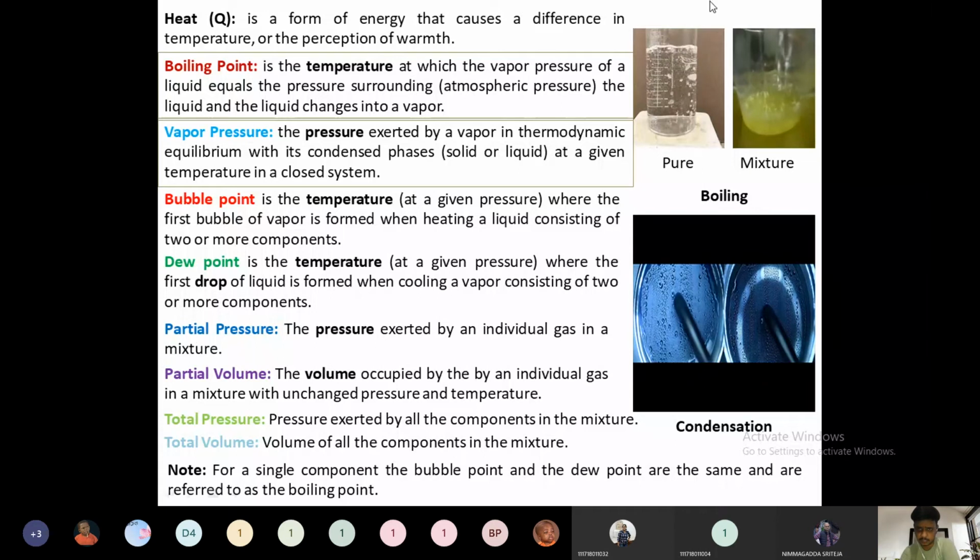For example, if you consider this as pure liquid or pure water, this is boiling, because bubbles are forming below the surface of the liquid. This is also boiling, because below the surface of the liquid the bubbles are forming.